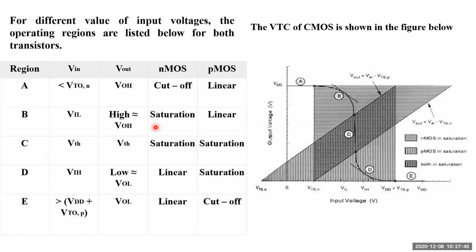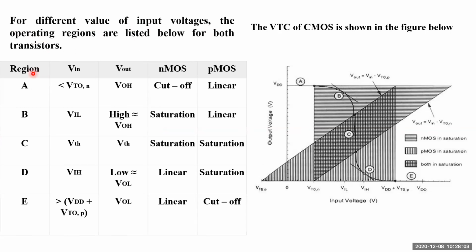I'm not talking about the NMOS inverter, I'm talking about the CMOS inverter. For the CMOS inverter, your inverter will be going through these 5 regions of operation in order to output any of the input. So see now, for different values of input voltages, the operating regions are listed below for the transistor.